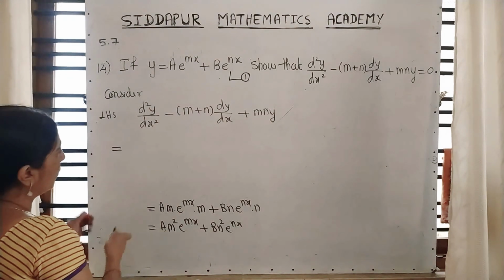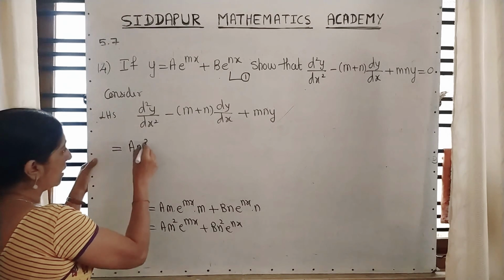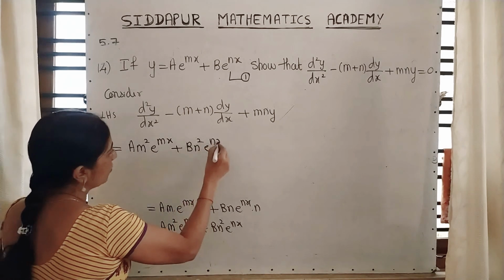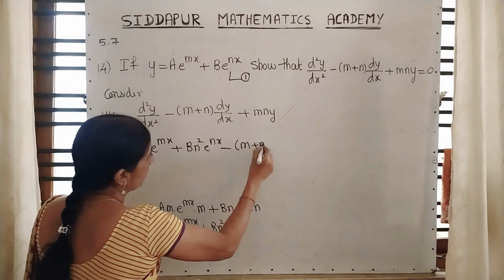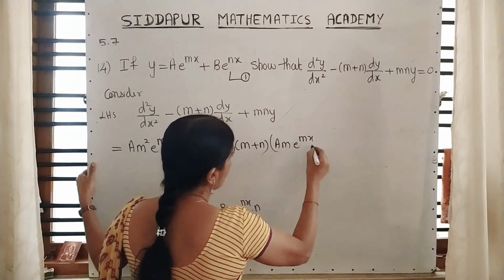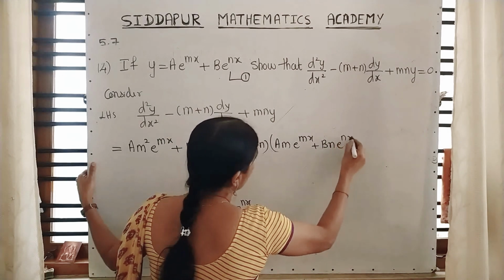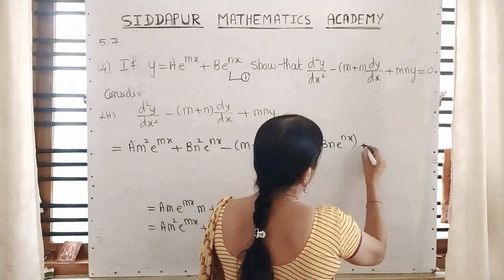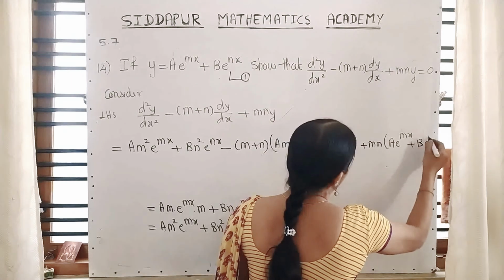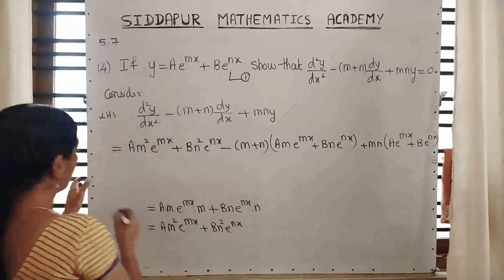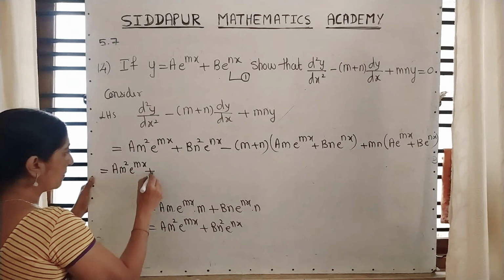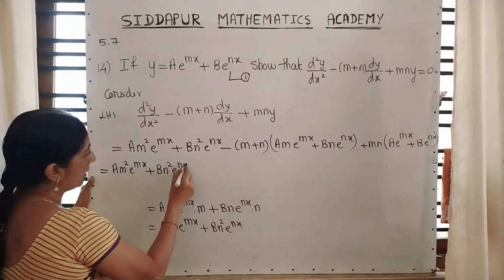First, d square y upon dx square, that is am square e raised to mx plus bn square e raised to nx, minus m plus n as it is. dy upon dx is am e raised to mx plus bn e raised to nx, bracket complete, plus mn y is a into e raised to mx plus b into e raised to nx. See here, this I kept as it is. am square e raised to mx plus bn square e raised to nx.